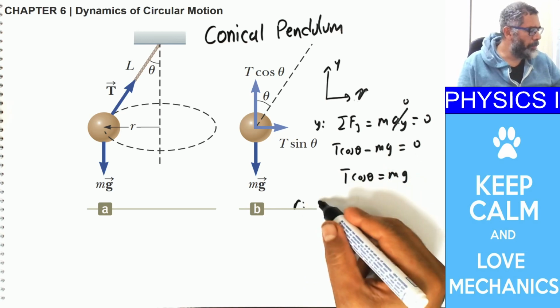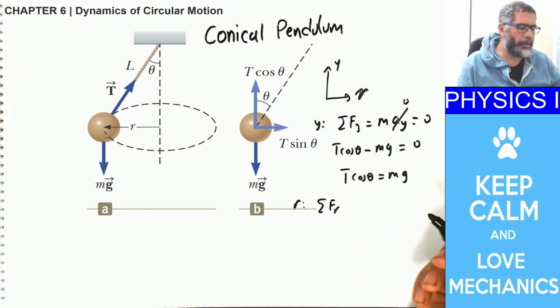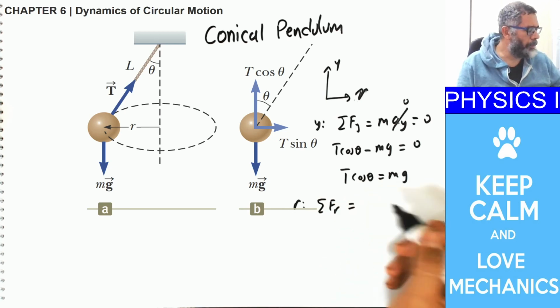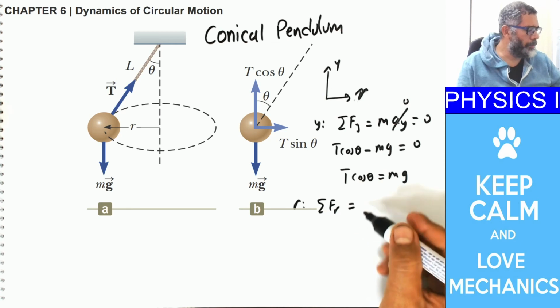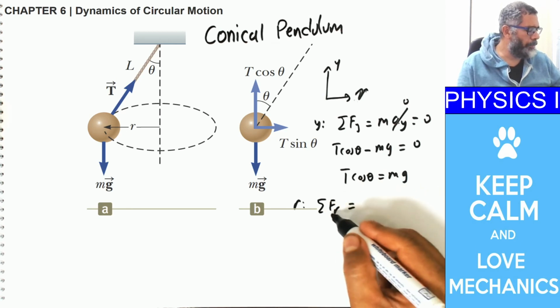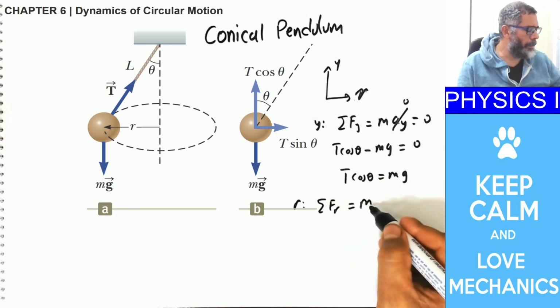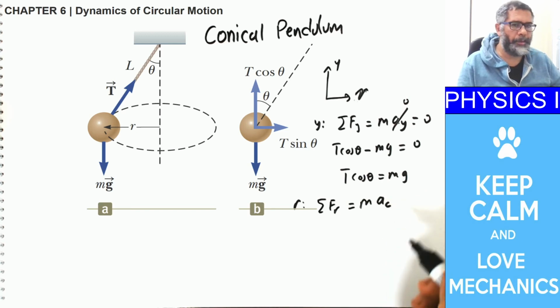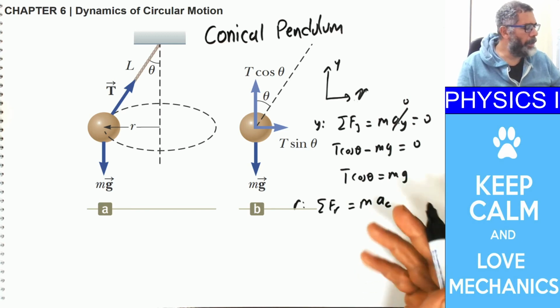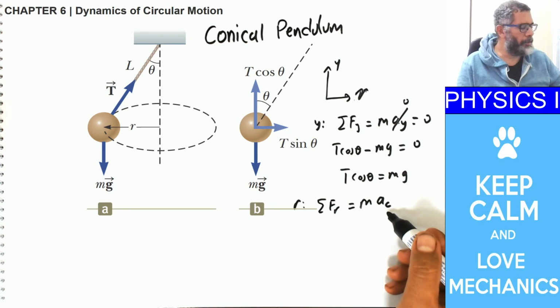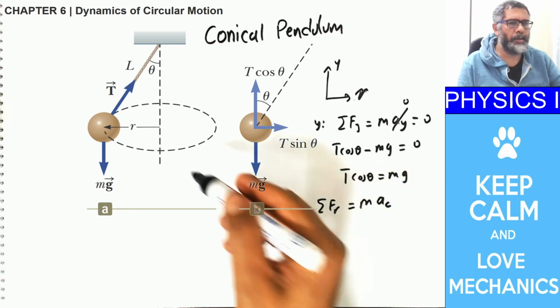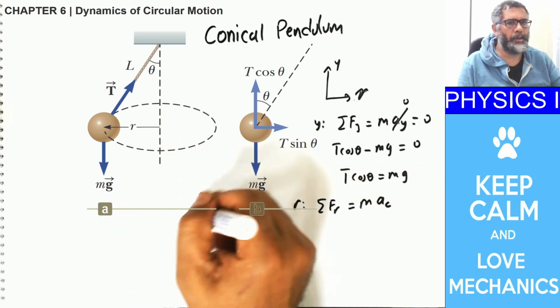In that case, let me first write down the general expression for the radial direction force. The sum of all forces in the radial direction is just the mass of the object times the centripetal acceleration. Do we now have a non-zero centripetal acceleration? Yes, because the object is doing circular motion.